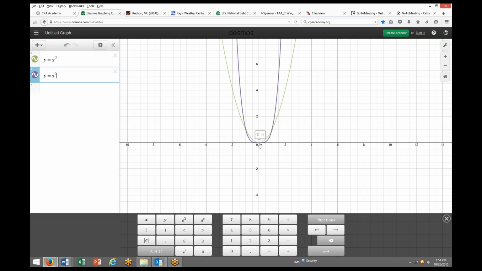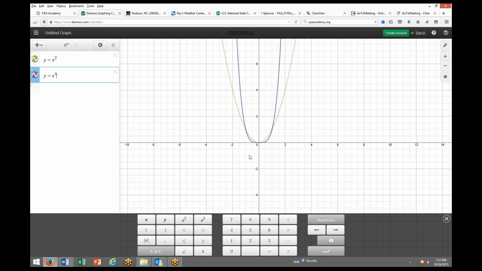Okay, this is sort of a modified parabola. It looks more level here. It's not actually level, but it's leveler than the y equals x squared. And once it gets past 1 and -1 to the right and to the left respectively, it goes up faster. It goes up faster than x squared does.